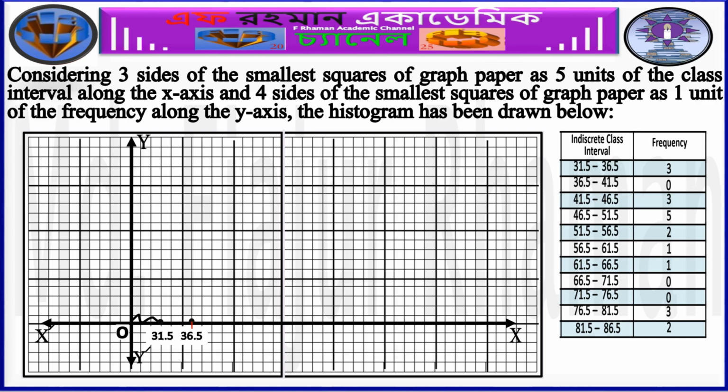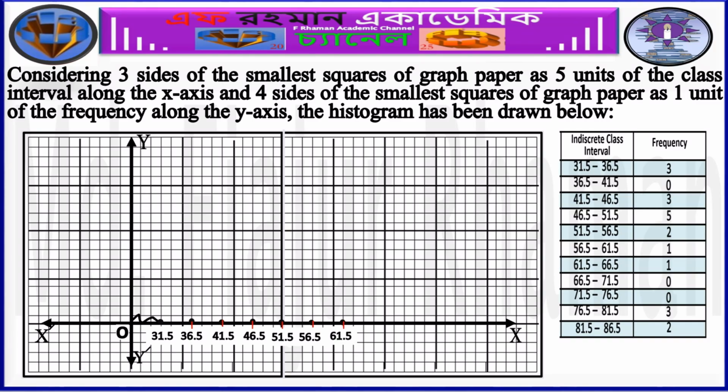In this way, 1, 2, 3, this point by 41.5; 1, 2, 3, this point by 46.5; 1, 2, 3, this point by 51.5; 1, 2, 3, this point by 56.5.